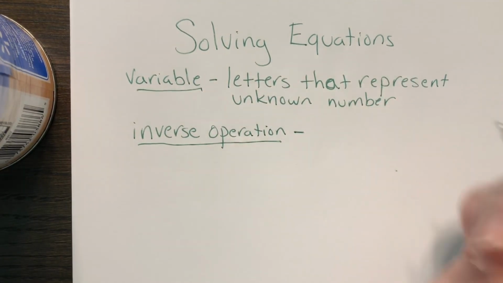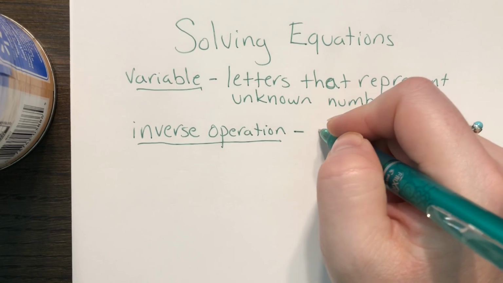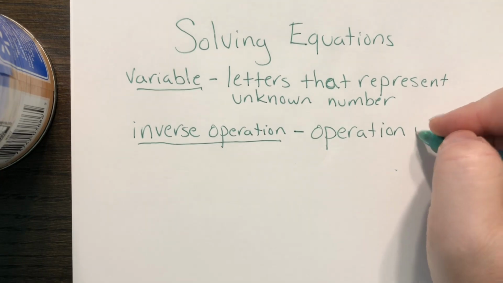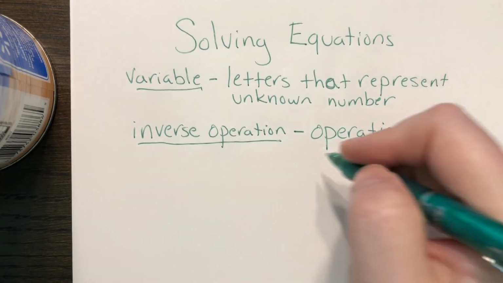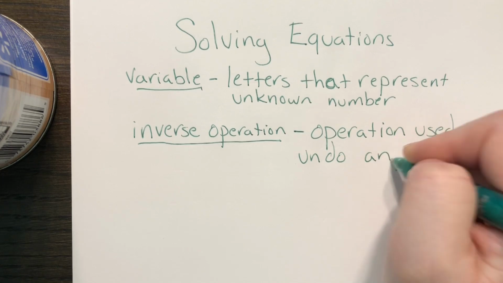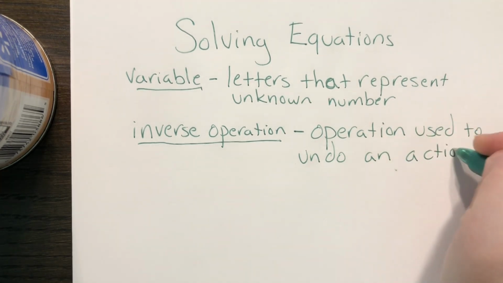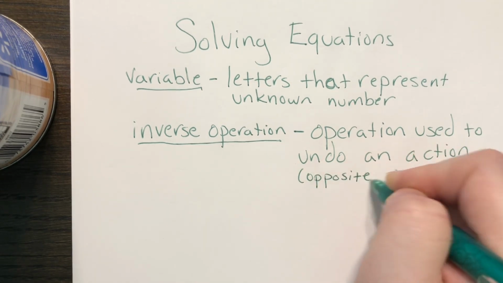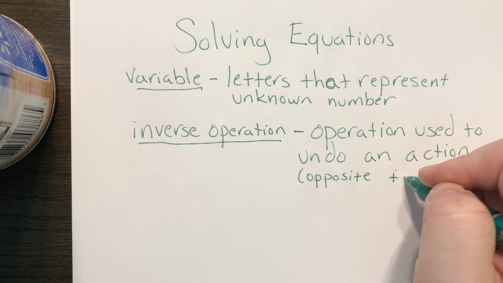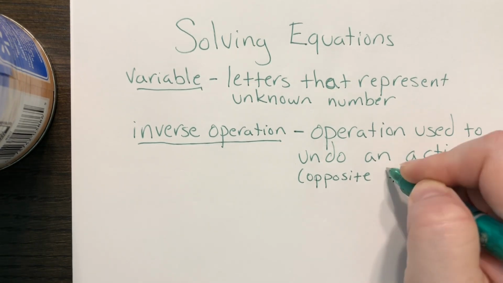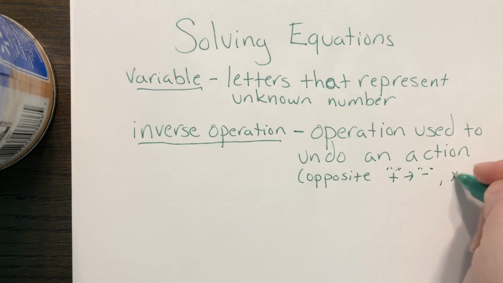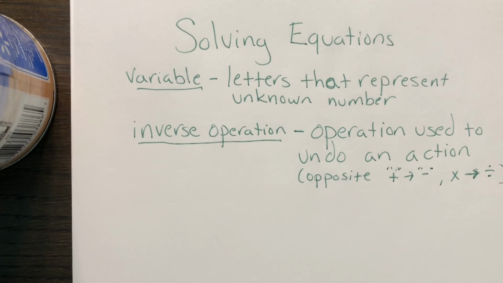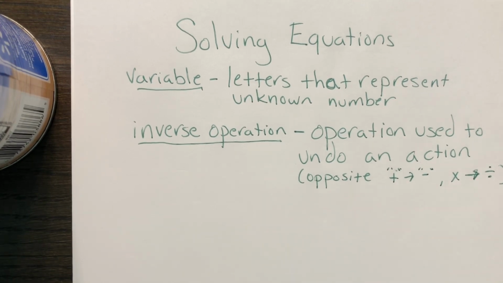This is the operation that undoes an action, the operation used to undo an action. A lot of times we think of it as the opposite. Like the opposite of addition is subtraction. The opposite of multiplication is division. So a lot of times those will undo each other's actions.